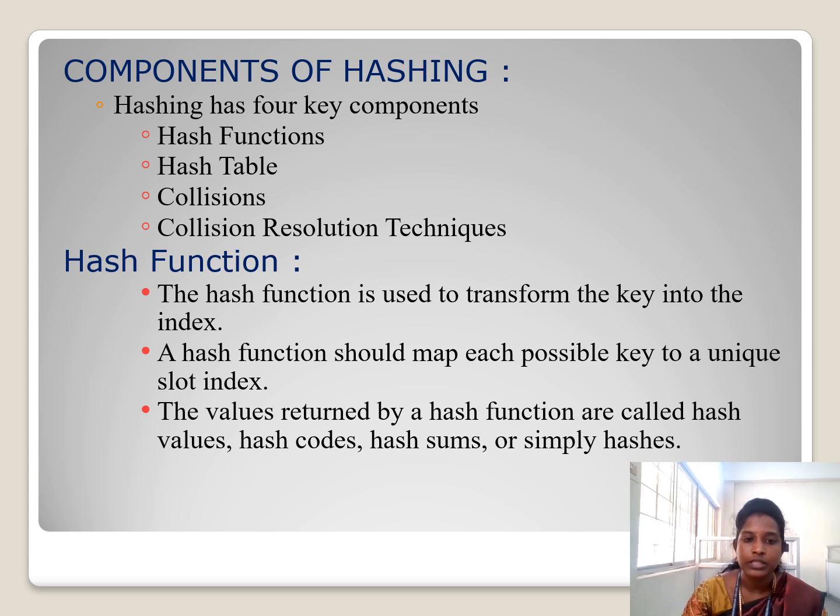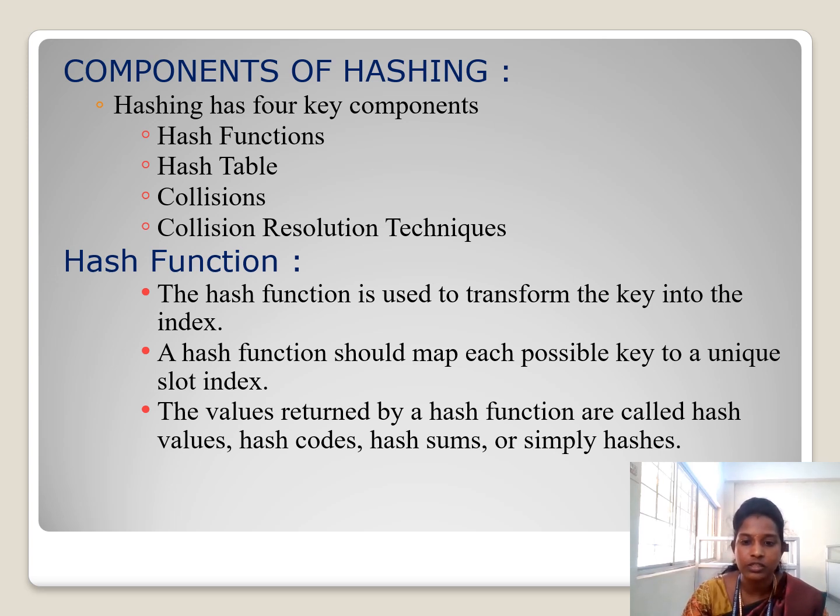The first component is the hash function. What is a hash function? The hash function is used to transform a key into an index value. If we are given a key, we have to find a location in order to store that key.